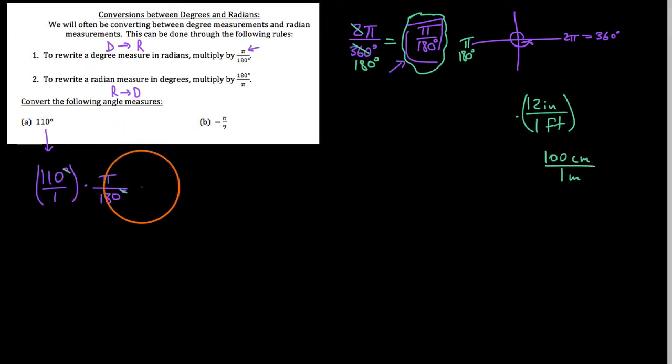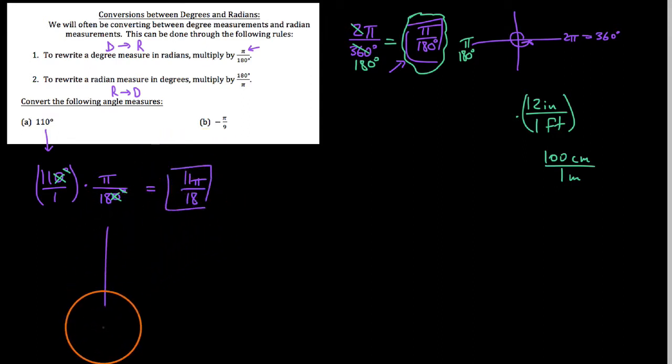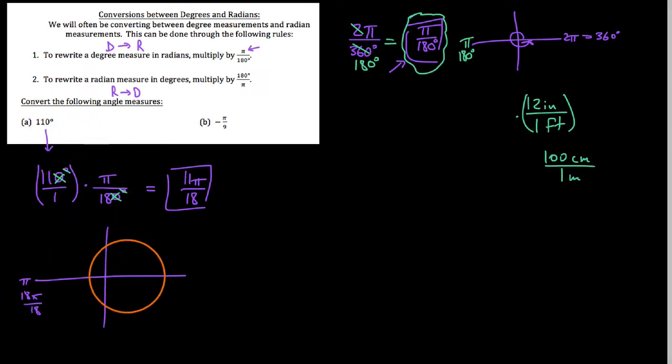I should do cross-reducing before anything else. This and this share a common factor of 10. Multiplying straight across, we get 11 pi 18ths, which isn't the prettiest angle. But you could imagine on a unit circle, if I split pi up into 18ths, then pi is really 18 pi 18ths. So a 110 degree angle is like taking this 180 and splitting it up 18 ways.